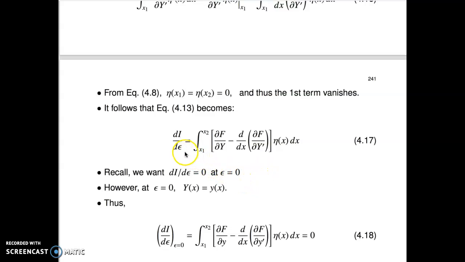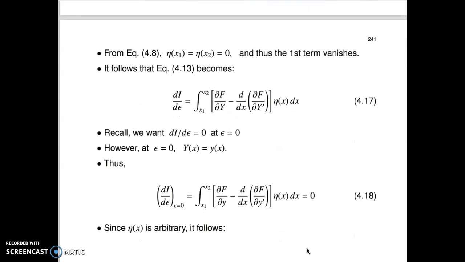Okay, so set this equal to zero at epsilon equals zero, but when epsilon is equal to zero, you can just replace big Y, and therefore big Y primed also, with little y and little y primed because of this condition here. At epsilon equals zero, big Y is equal to little y. So we have this equation here, this integral is equal to zero.